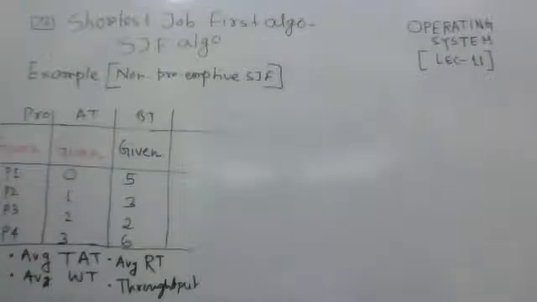So using this given data, we have to calculate average turnaround time, average waiting time, average response time, and throughput of the system. In order to calculate these, at first we have to draw a schedule chart, which is called a Gantt chart.